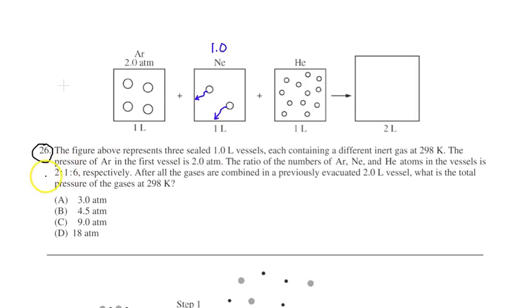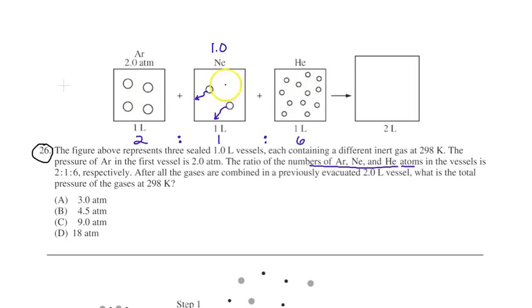Now, in this question, they tell you that the ratio of the number of atoms in here is 2 to 1 to 6, if you didn't want to count. So I know that this has half the number of moles of particles because they tell me that right in the problem. Okay, so 2 to 1 to 6. So if 6 is 3 times the number of 2, then if I was to count, and I guess I will, 1, 2, 3, 4, 5, 6, 7, 8, 9, 10, 11, 12 particles.